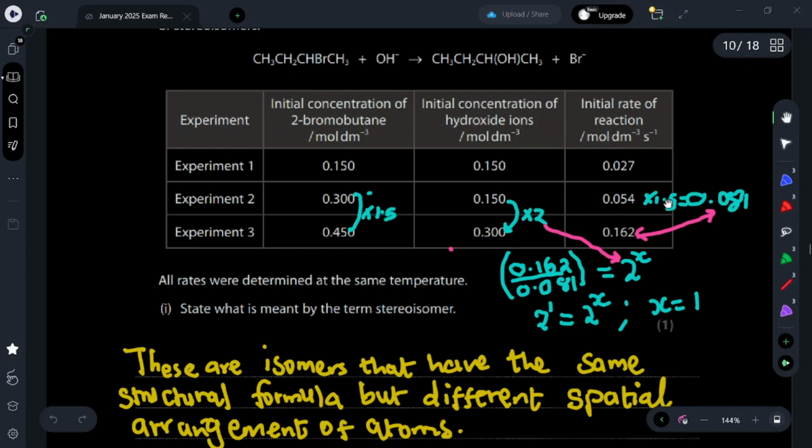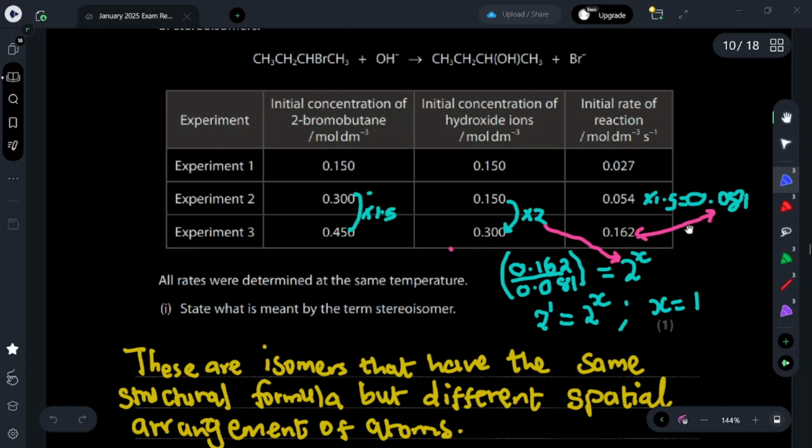So what has happened? That means the hydroxide ion must also be affecting the reaction. The concentration of 2-bromobutane has been multiplied by 1.5, the concentration of hydroxide ion has been multiplied by 2, and the rate has been multiplied by 1.5 and then by 2.